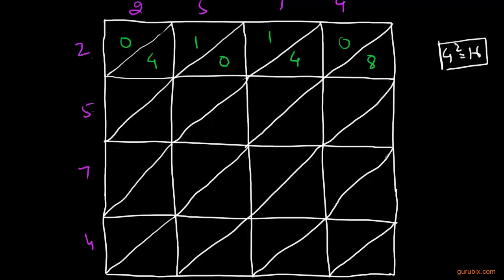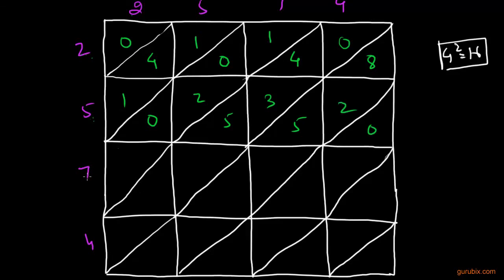And now we shall multiply 5 with these: 5 with 2 to get 10, 5 with 5 to get 25, 5 with 7 to get 35, and 5 with 4 to get 20.